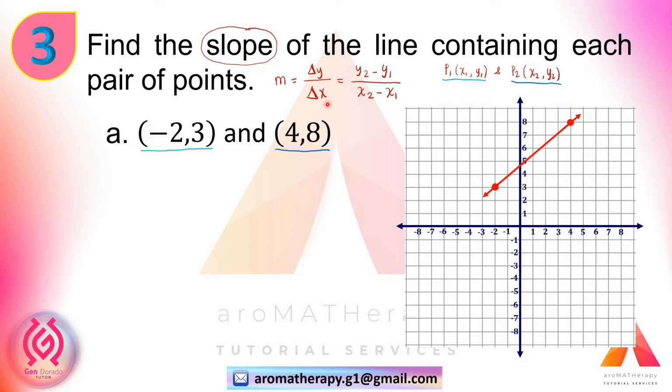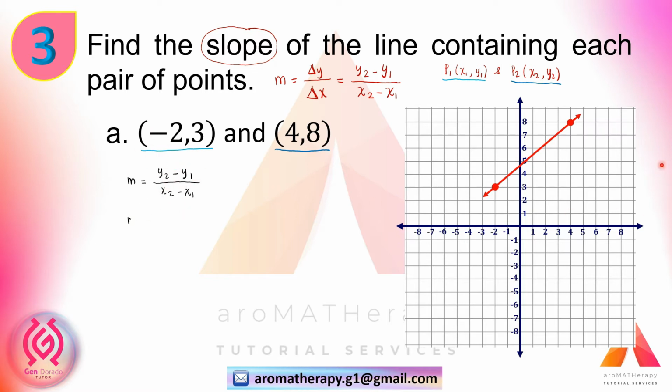Now, let us use this formula in finding the slope. M is equal to y sub 2 minus y sub 1 over x sub 2 minus x sub 1. Now, you substitute all the values here.